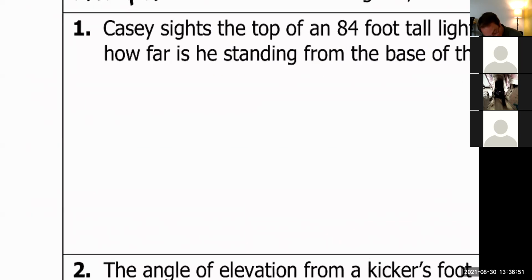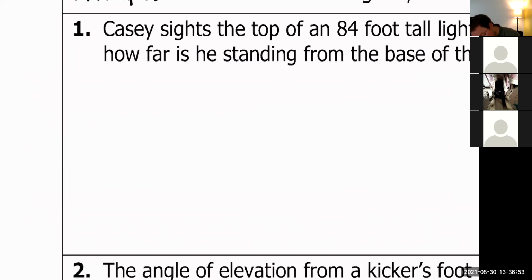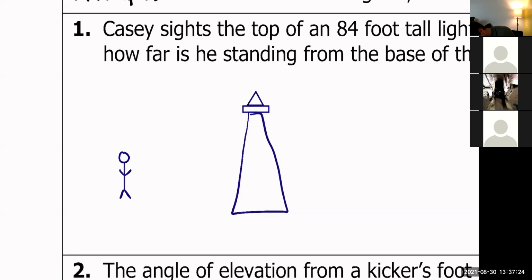So I'm going to sketch this here. Again, try not to laugh too hard. Here's Casey. Ooh, Casey's really tall and skinny. Casey's looking at a lighthouse.